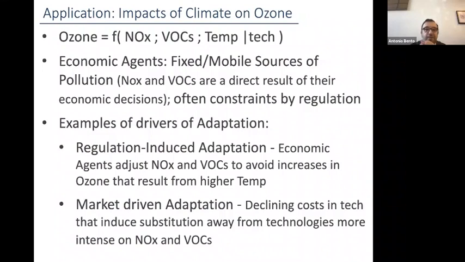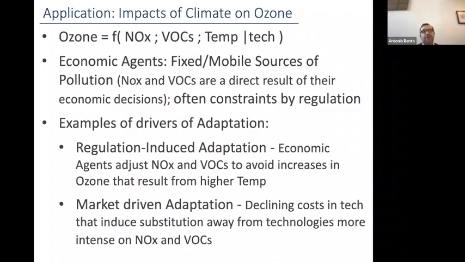You can imagine that as the firm interacts with the county, and as the county makes plans to comply with ozone regulations, there could be what we call induced adaptation, because you may end up putting a little bit more pressure on reducing NOx and VOCs to give yourself a little bit of space for the fact that temperature will directly affect ozone.